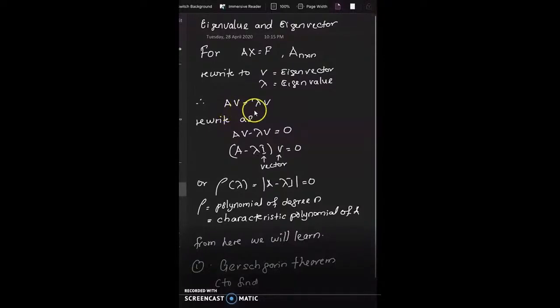This is common in mathematics. You bring all V to the left-hand side and put the identity: A is a 3 by 3 matrix, minus lambda times identity, times V equal to 0. The polynomial of degree n, sometimes we call it rho, where we write the absolute value of A minus lambda I equal to 0. The rho, or the characteristic polynomial of A, is equal to 0.